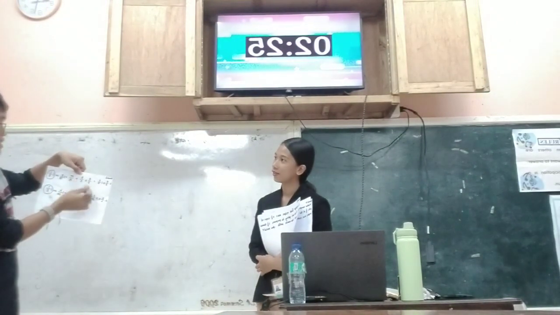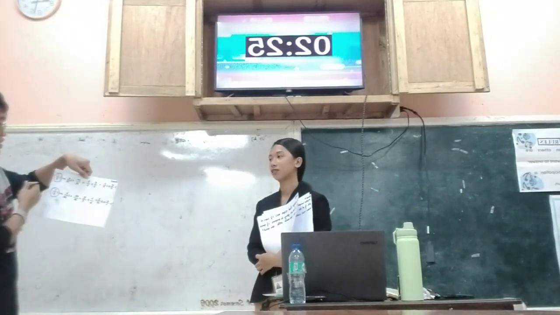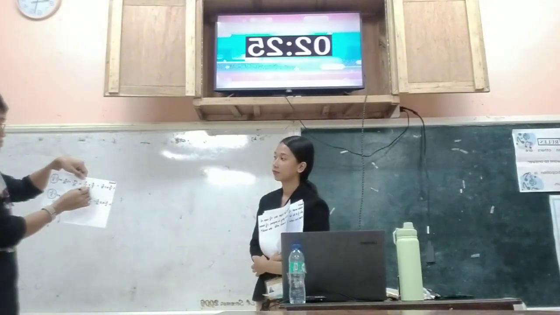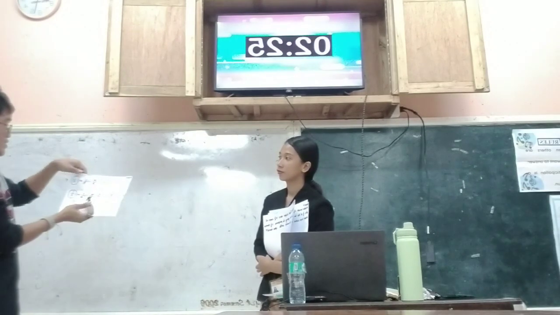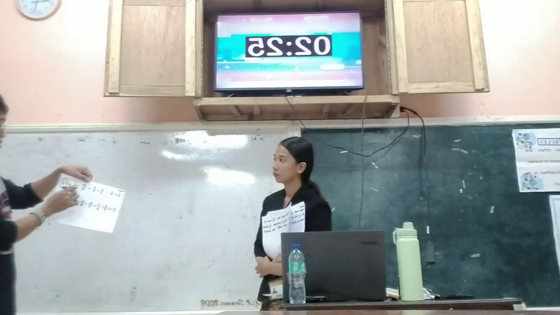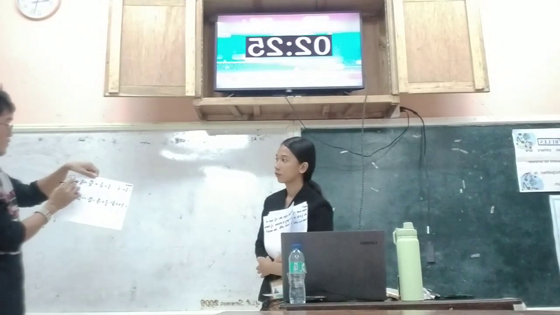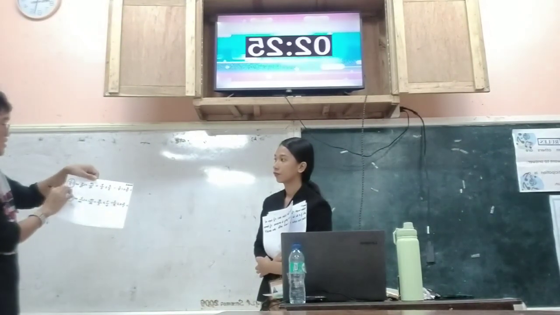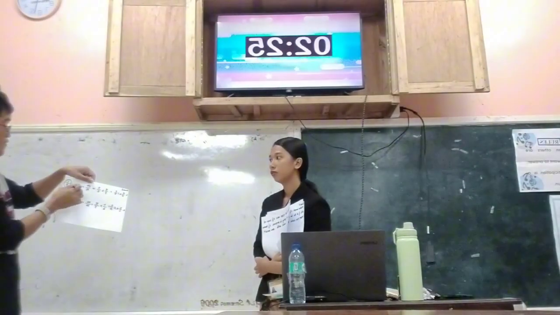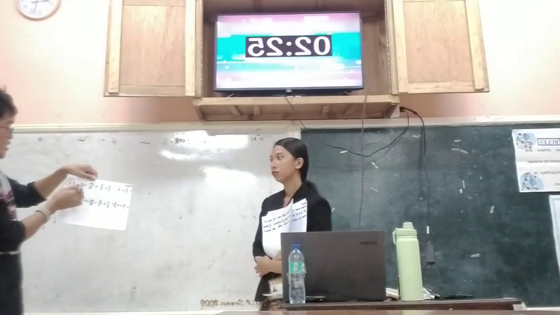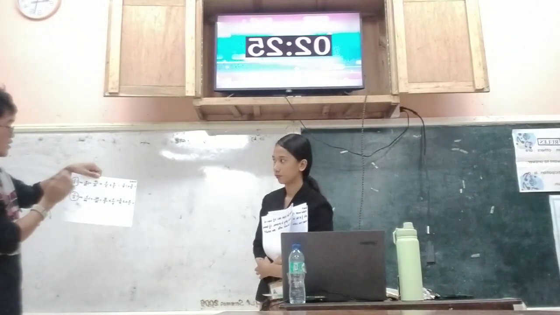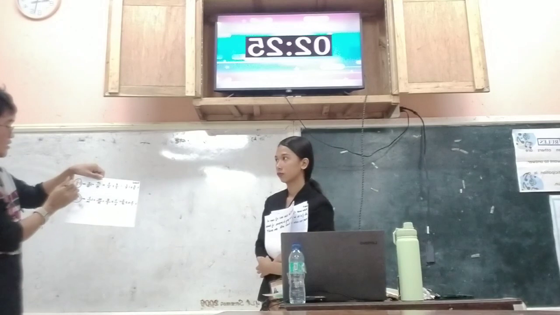I will multiply the numerators and the denominators. So 4 times 5, 20, then 5 times 3, 15. Then I will divide 20 by 15. The answer is 1 and 5/15. And I reduce 5 over 15 to lowest terms because they are divisible by 5. So the answer is 1 and 1/3.